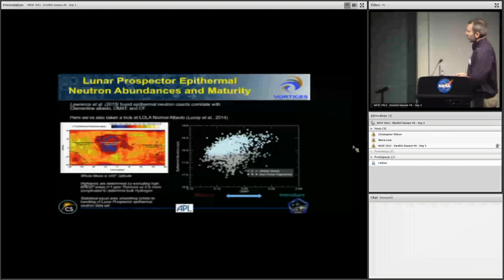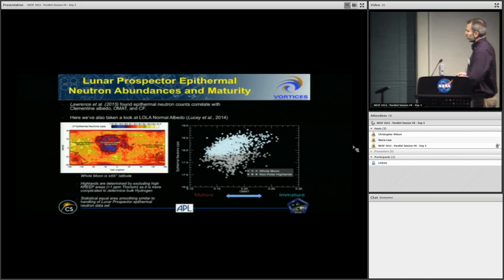So this is the epithermal neutron counts from Lunar Prospector relative to optical maturity. The approach he took was a little bit different in that he decided to discard the poles, thinking that those counts could be attributed to water ice. So everything plus or minus 65 degrees is what we're looking at in a non-polar sense, and he removed areas that could interfere with the hydrogen signal.